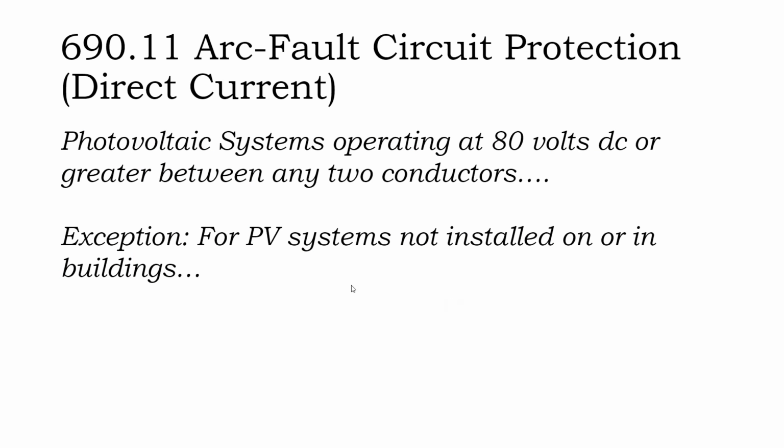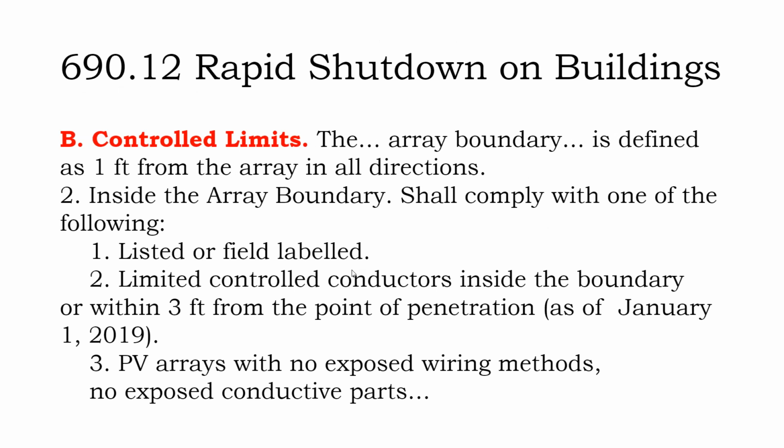Arc fault protection is now required on solar arrays at 80 volts or higher between two conductors, except for ground mounts. So that's kind of interesting. I'm coming around to the opinion that ground mounts are not that much more expensive than roof mounts, mainly because you can avoid the DC optimizers and the microinverters, and even old inverters that don't have arc fault detection would be eligible and still code compliant as ground mount inverters.